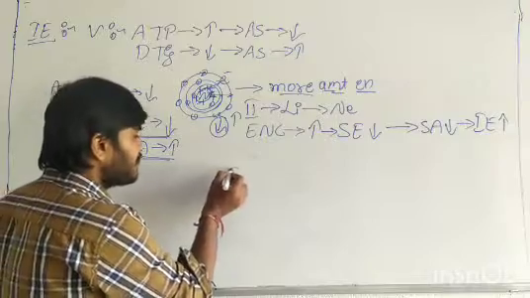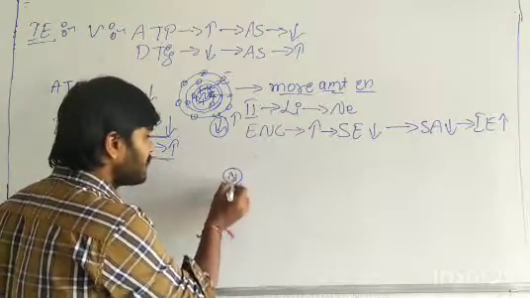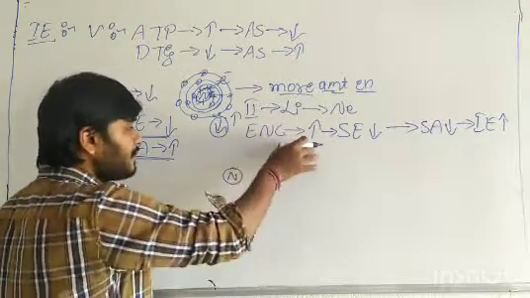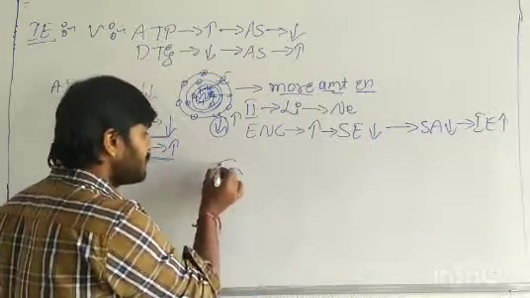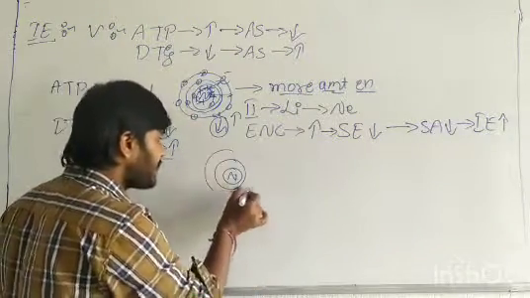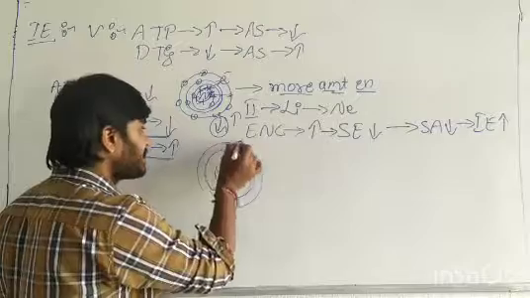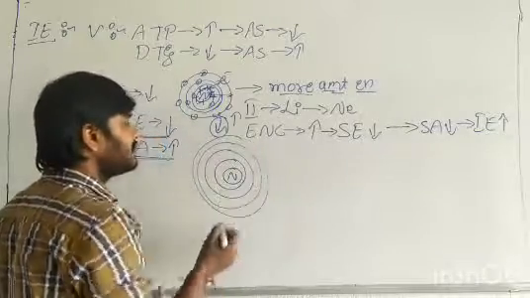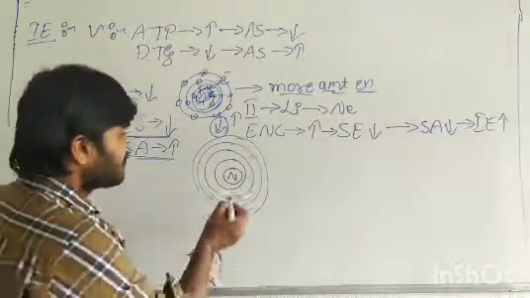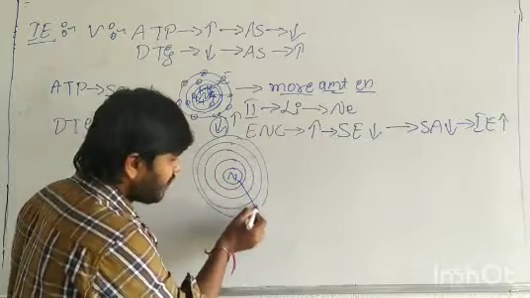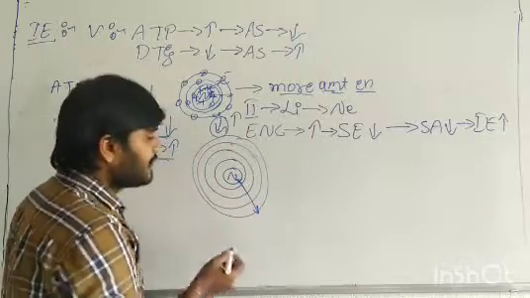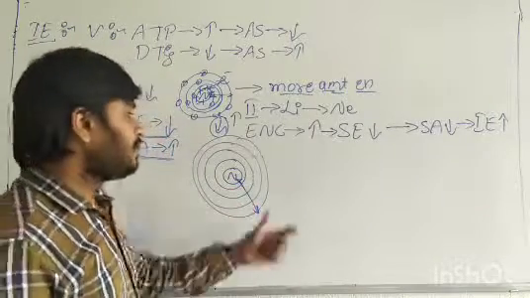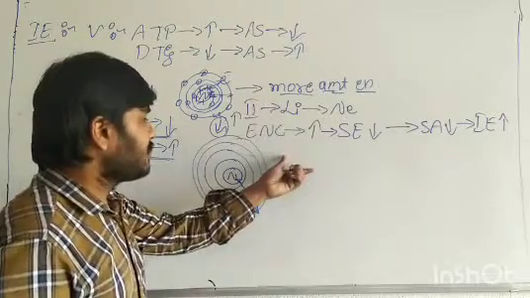That means what? Your nucleus is there, and moving down the group means we are adding an extra orbital to the atom. That means the distance from the nucleus to the outermost orbit increases as you move from one element to another.